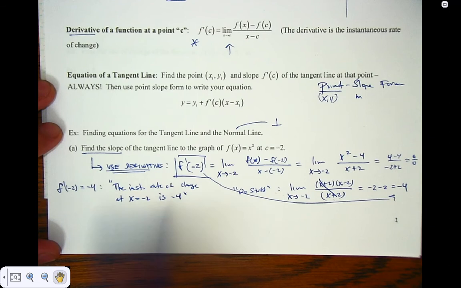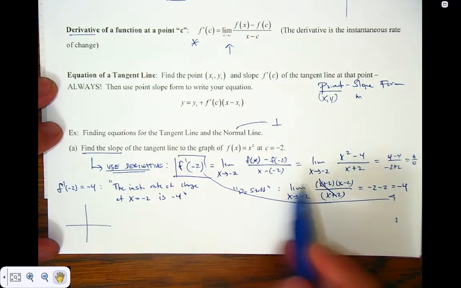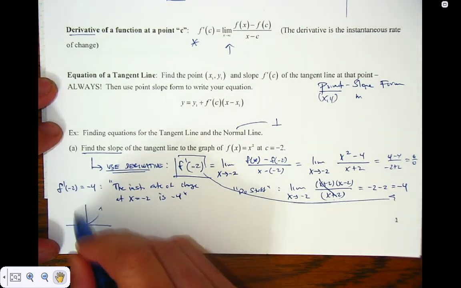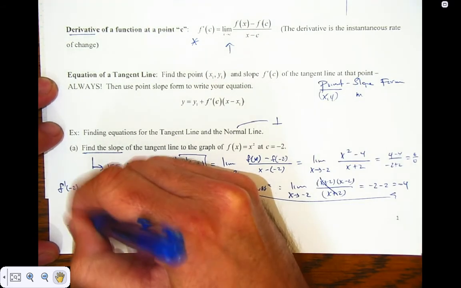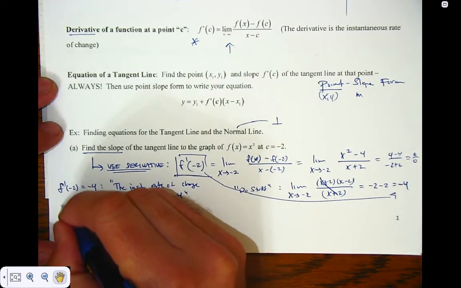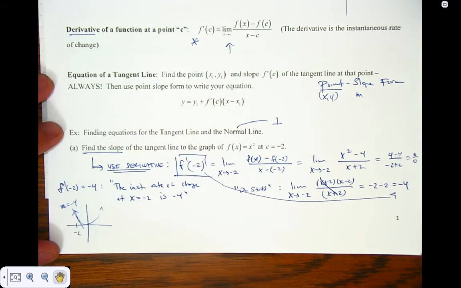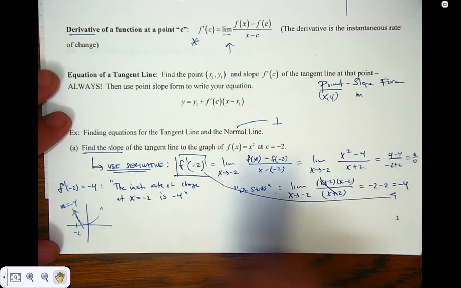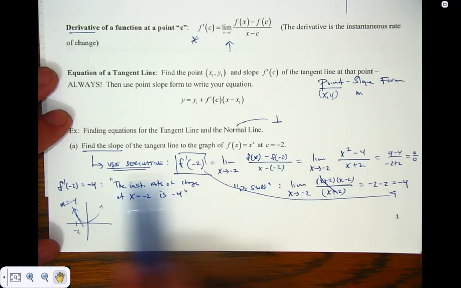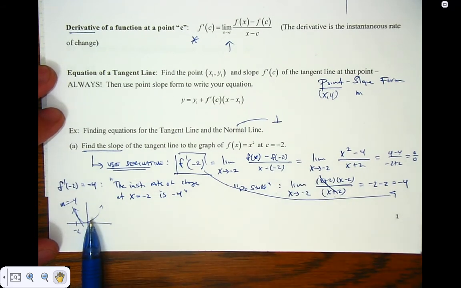Okay? And let's talk about that graphically, you guys, right? We're dealing with something that you guys know real well. Y equals x squared. I'm back here at -2. There is a tangent line right there, and we just found the slope of that guy. It's -4. Okay, so again, as you go back through and you rewatch this, this looks horrible, but this is a parabola, and you're finding a tangent line, right, using calculus.